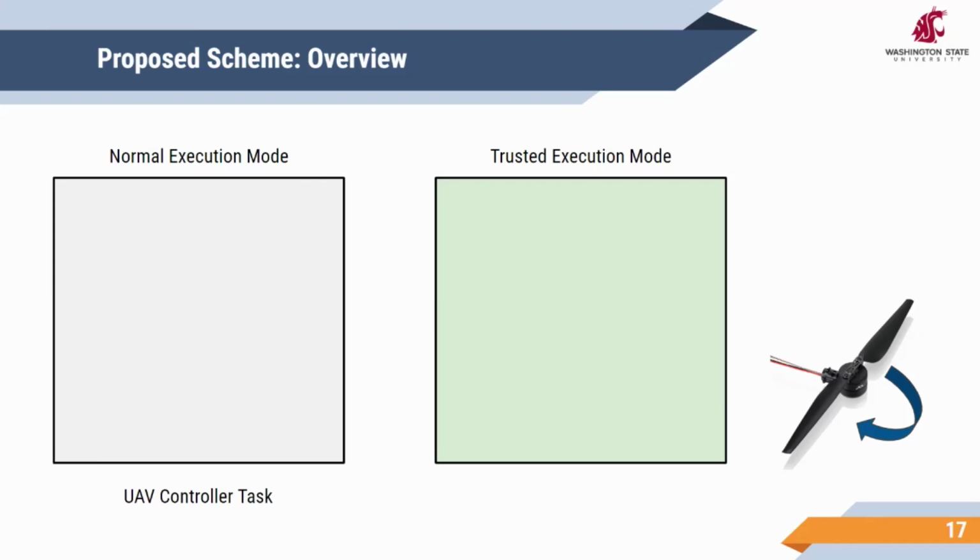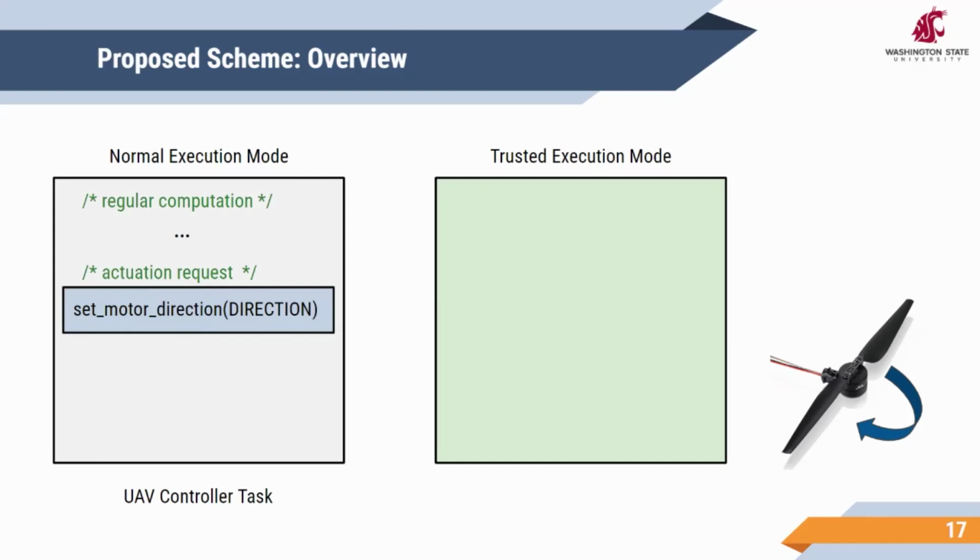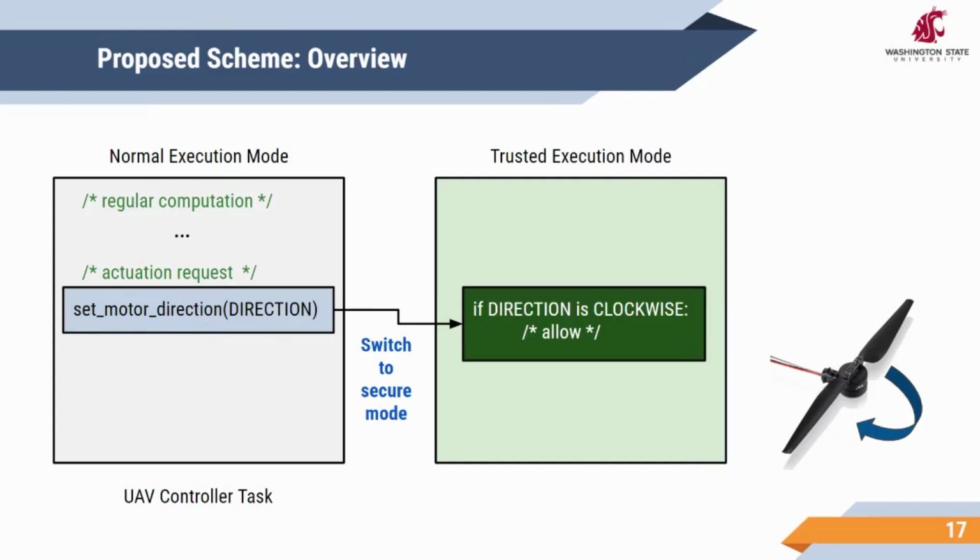So we borrow the same idea from TrustZone technology and enable two execution modes for cyber-physical applications, specifically for protecting the actuation commands. What happens in this case is that when a real-time task generates an actuation request, that request will be transferred to a trusted execution mode, where we provide some kind of checking to ensure that this is the actual command that the hardware is expecting for correct system operation.